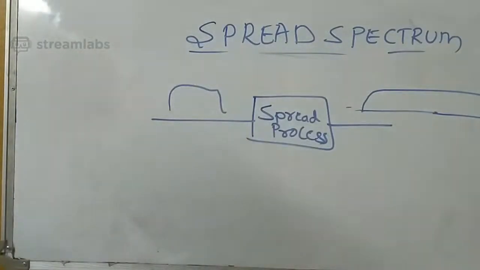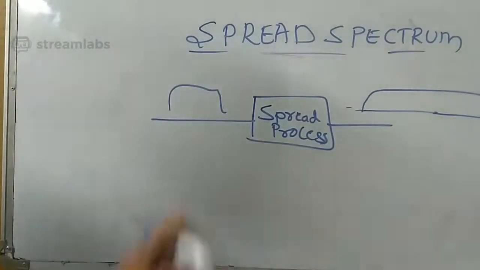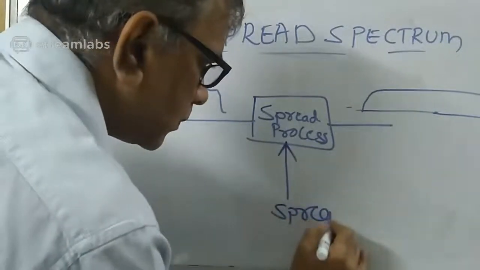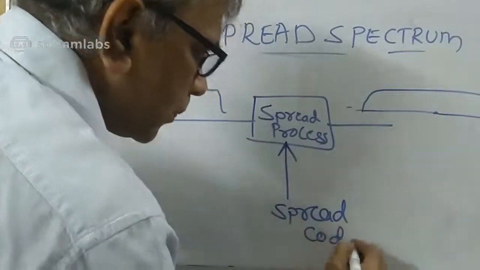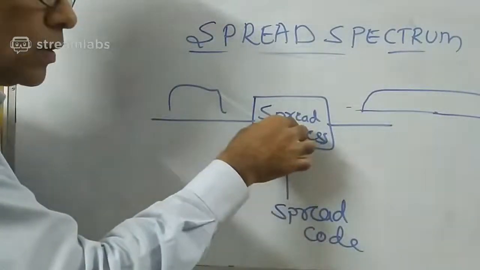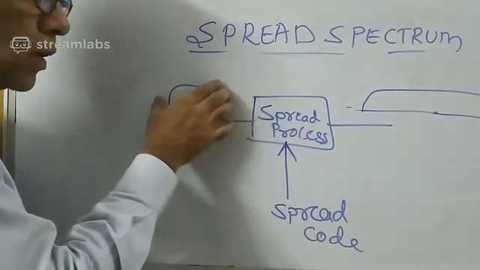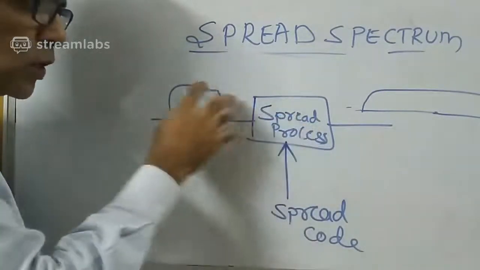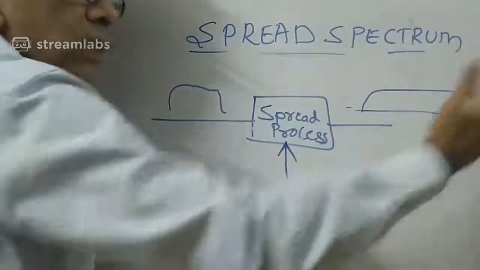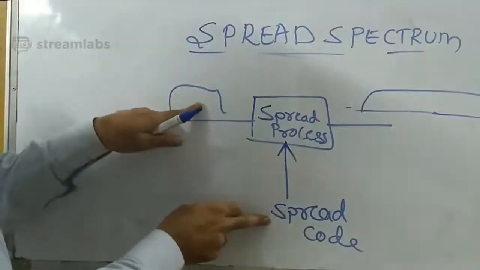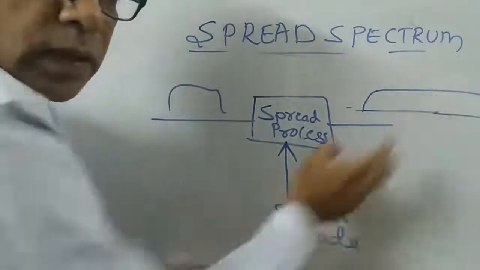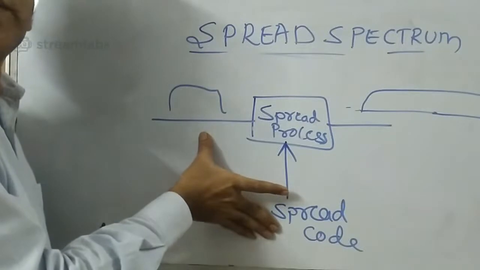How exactly are we going to mix it? Basically, I am going to mix some spreading signals or spreading code, depending on the technique. I am going to mix this spread process with the input so as to increase its bandwidth. When you look at this task of mixing to increase bandwidth, it is somewhat similar to multiplexing.